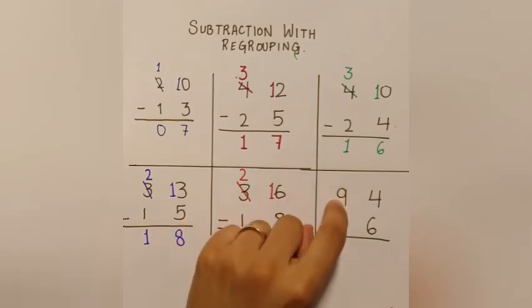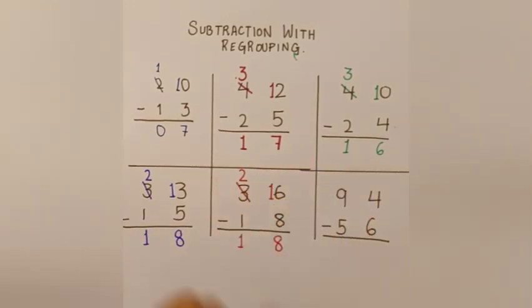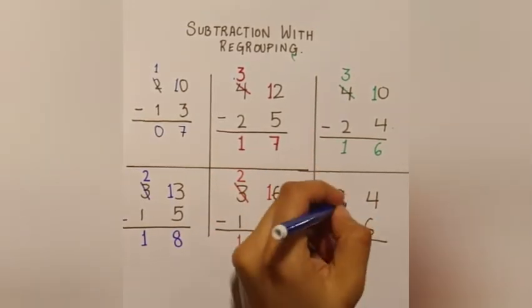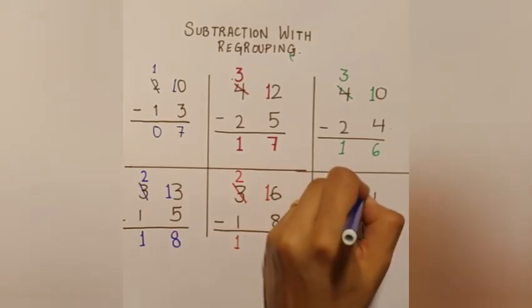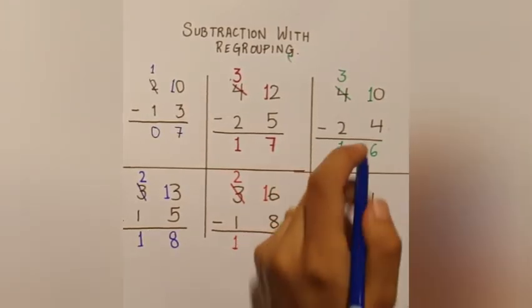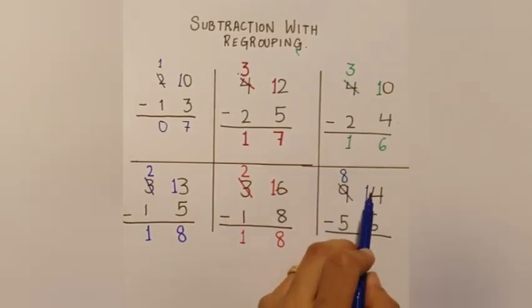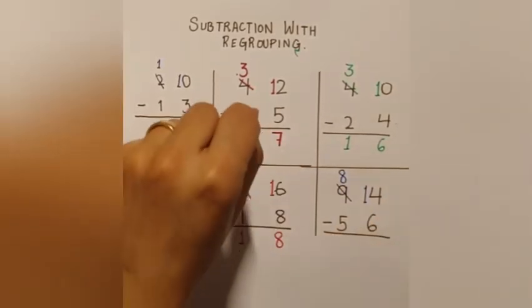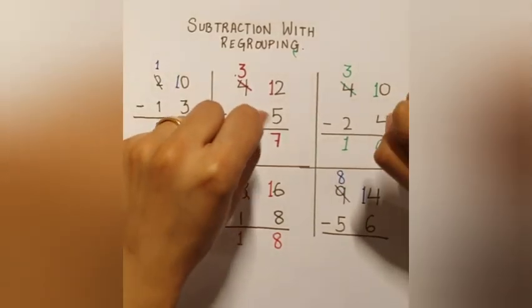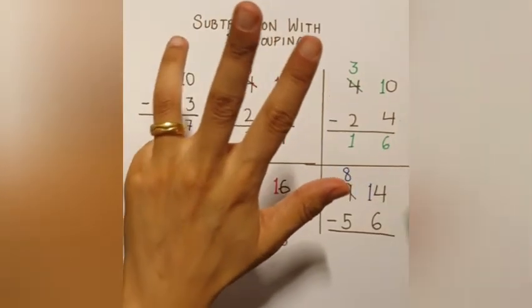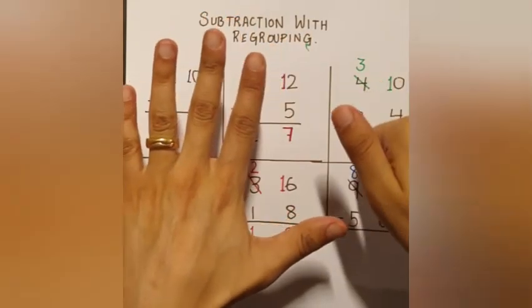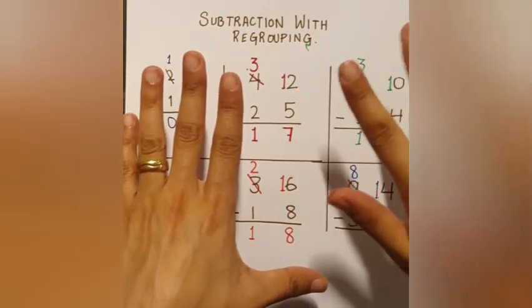So I will go to the 9, please. Please, neighbor, I need 1 10. The 9 will say, sure, you can have one of my 10s. And the 9 itself will become 8. Now, 14 minus 6, hands closed. After 6, 7, 8, 9, 10, 11, 12, 13, 14.